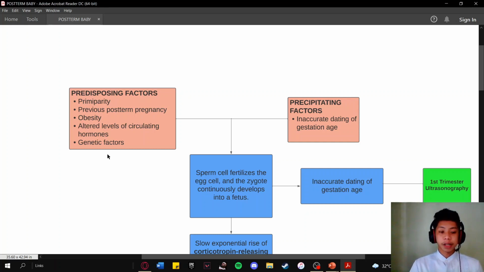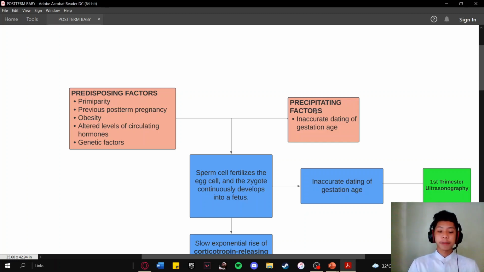Altered levels of circulating hormones is also a factor, because when there is altered release of hormones, there will also be complications or delay that may occur during the progress of labor and ultimately delivery. And also genetic factors. If the patient is also a postterm baby, the tendency is the patient will also proceed to postterm pregnancy.